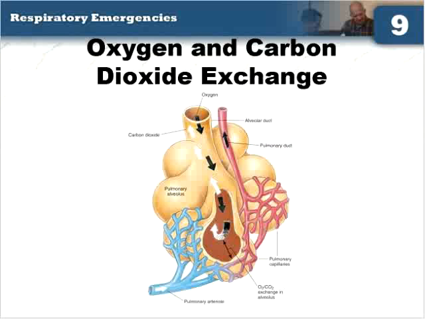How do oxygen and carbon dioxide exchange? All of this happens where? Can anyone tell me? Right, it happens in the alveoli. Basically what happens is the oxygen comes in as you take a breath. It goes all the way down your trachea, into your bronchioles, all the way down into your alveoli. Your pulmonary arteries bring in all the CO2 that your body is producing. And the CO2 and the O2 exchange happens inside of that.